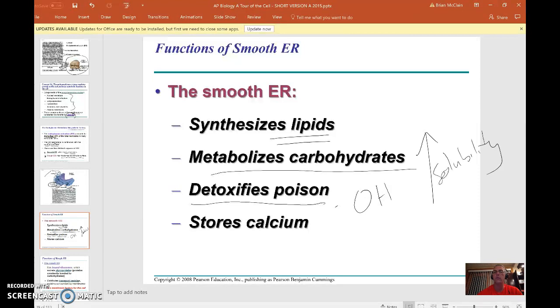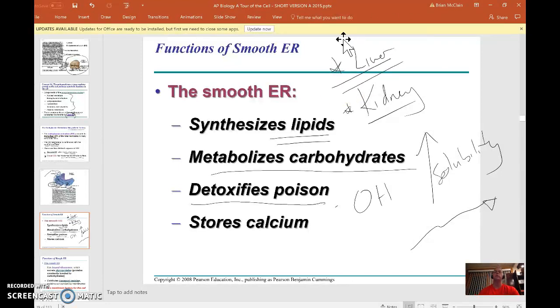By doing that, we're able to get this out of our body in the form of urine and, like you said, flush the system. So you would expect this to be pretty prevalent in the kidney, okay? You're also going to find elevated levels of this, most significantly in the liver. So our liver is really the area where we're going to get a lot of that smooth ER.